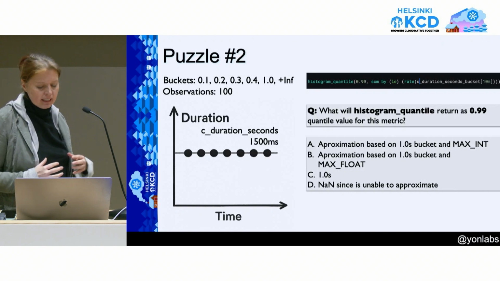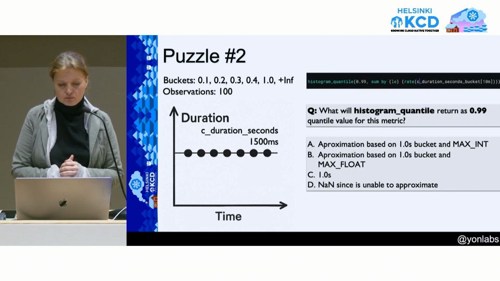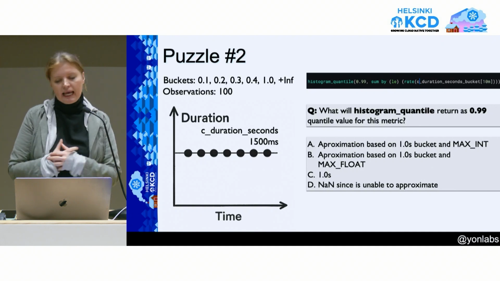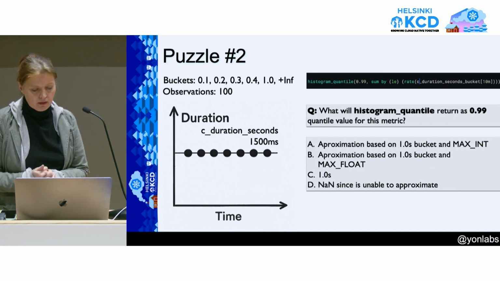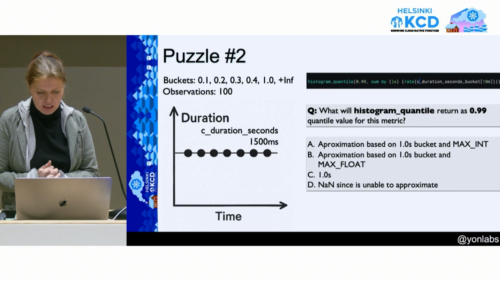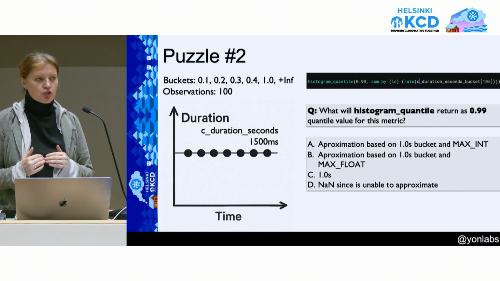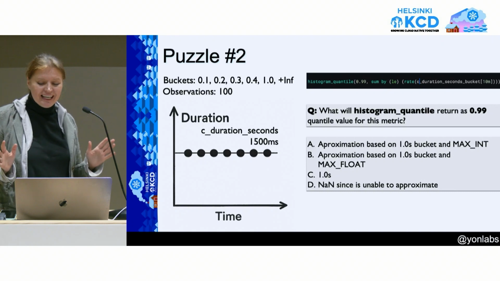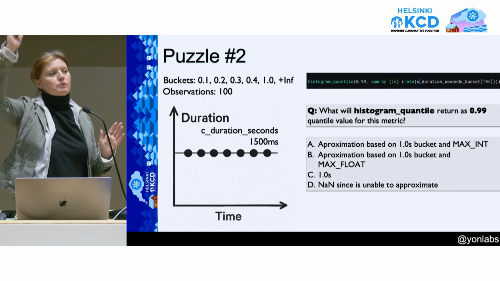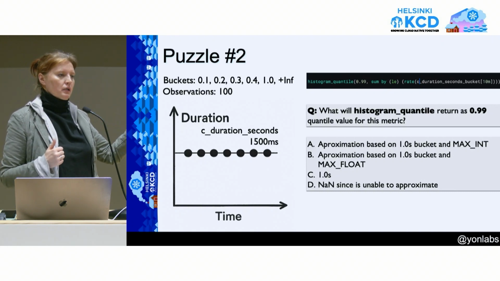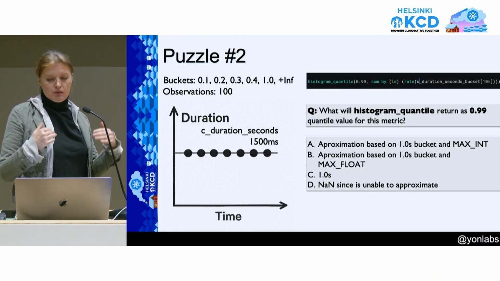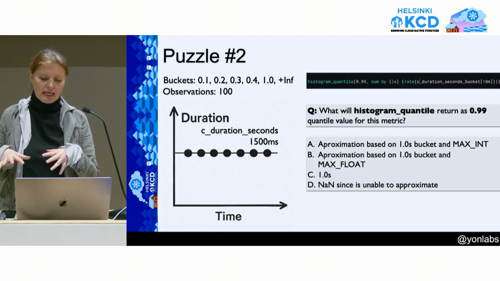So we have again a couple of answers. So you've already known that this histogram quantile does sort of an approximation based on the surrounding buckets. But here we don't have this higher bucket. We are at the highest bucket. So what does Prometheus do in such a case?